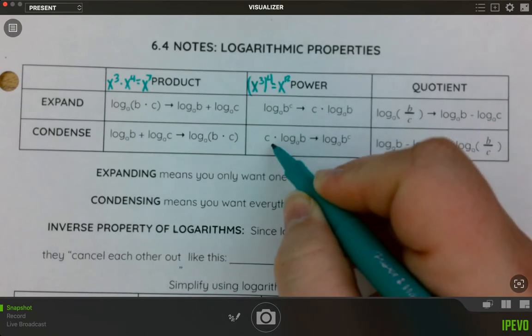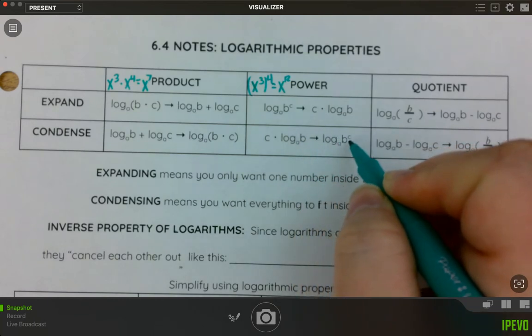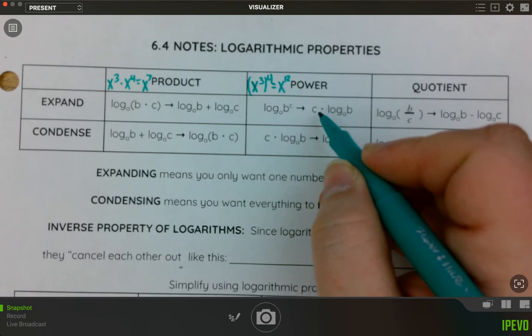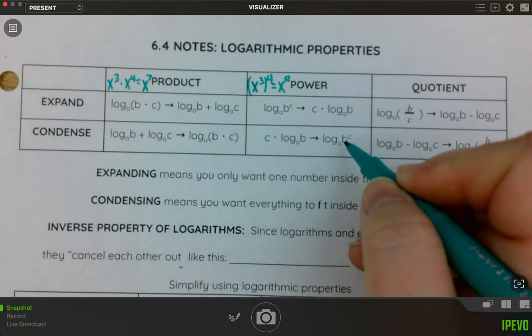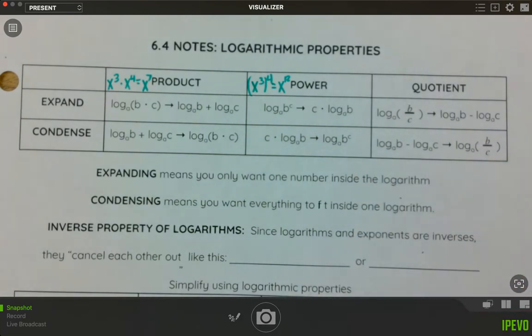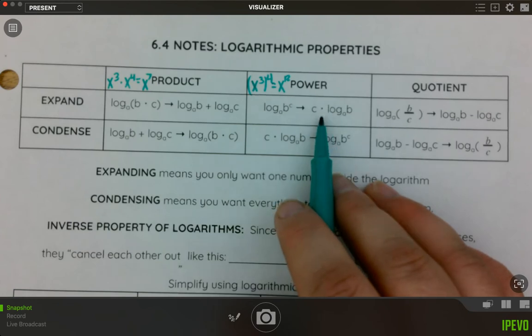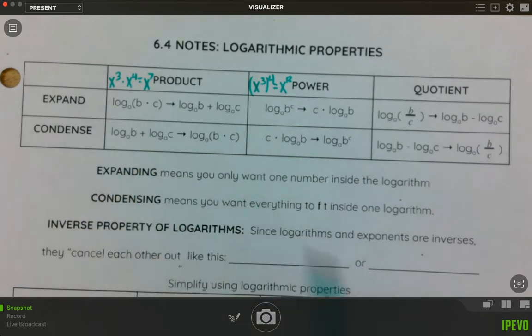Or if you have a number in front of a log, you can make it a power of the thing on the inside. When you put it out front, that's called expanding. When you put it inside, everything fits inside this one logarithm. That's called condensing. Just be careful because this one also involves multiplication, but involves multiplication outside of the logarithm, while this one involved multiplication inside the logarithm.